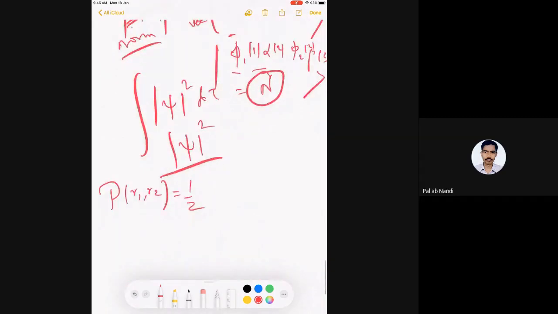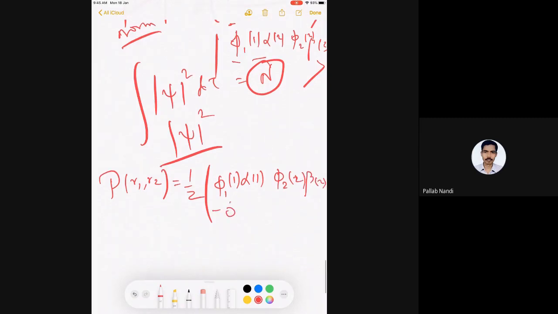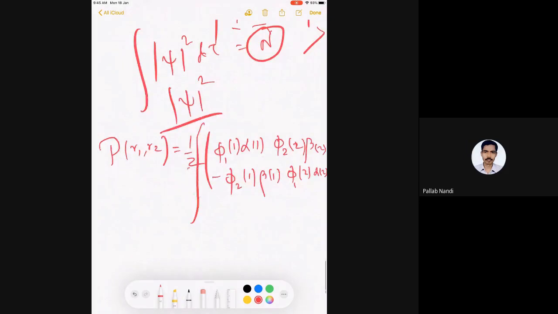So I am now writing the left hand side: phi 1(1) alpha(1) phi 2(2) beta(2) minus phi 2(1) beta(1) phi 1(2) alpha(2). I hope it's clear. And there will be 1 by square root 2 coming from left and right. I have merged it together. I will do the integration a little later. So this is my one term.